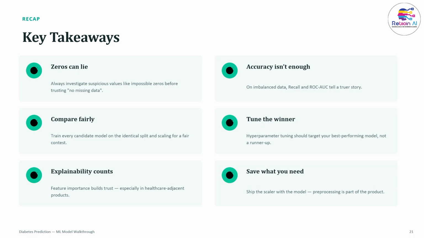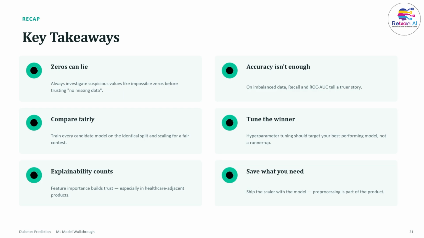Before we wrap up, here are 6 habits I want you to carry into your next project, not just this one. Yes? First, zero scan lie. That is, always investigate suspicious values before trusting a dataset that looks clean on the surface. Second, accuracy isn't enough. On imbalanced data, recall and ROC AUC tell a much truer story. Third, compare fairly.